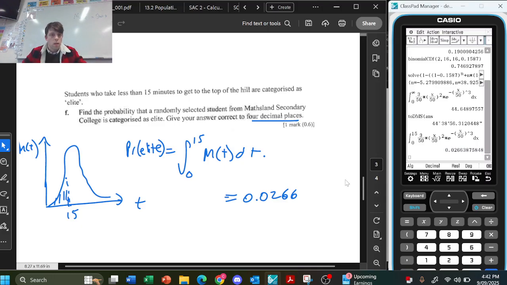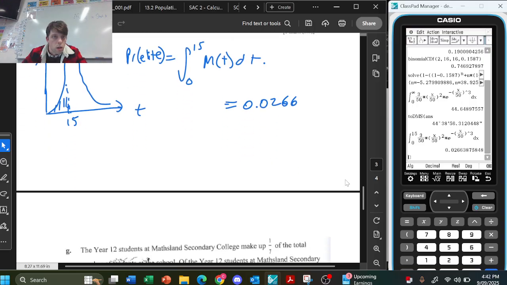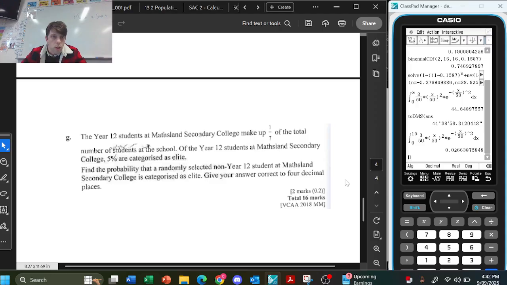Okay, fantastic. All right, moving on to the next question. So last question now. Finally, the year 12 students at Mathsland Secondary College make up a total of 1/7 of the total number of students at the school. Of the year 12 students, 5% are elite.